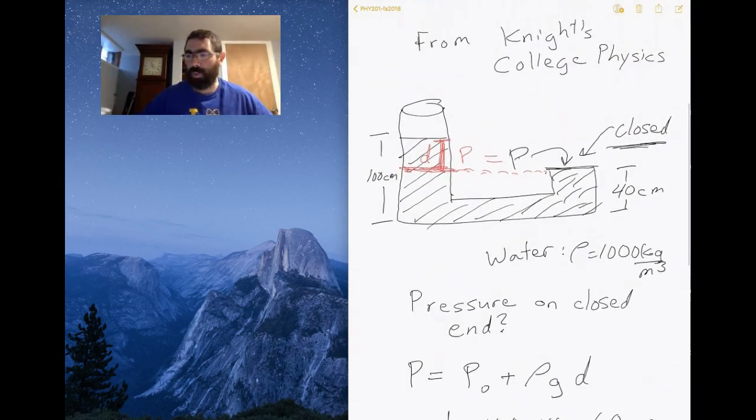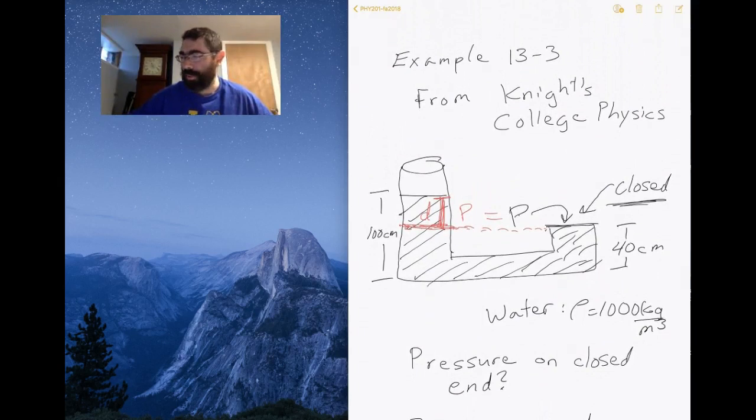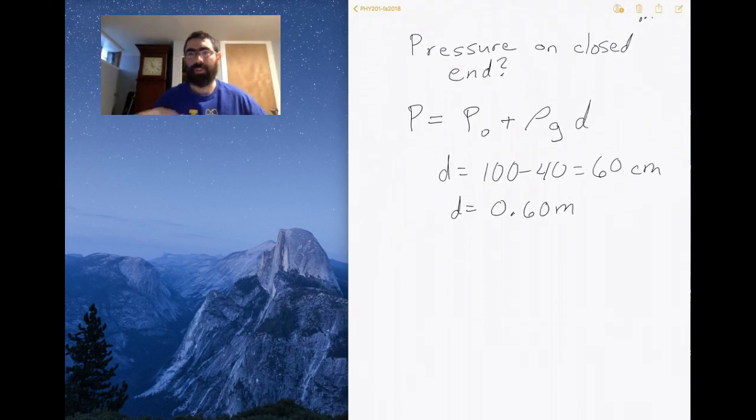And then we have to consider what is the pressure on the open end of the container. So in that case, it's atmospheric pressure. It's just the pressure of the air outside. And the standard atmospheric pressure is written as 1 atmosphere, which is a different unit than the pascals that we introduced earlier.